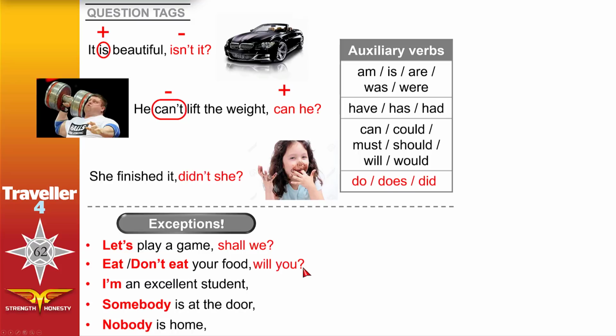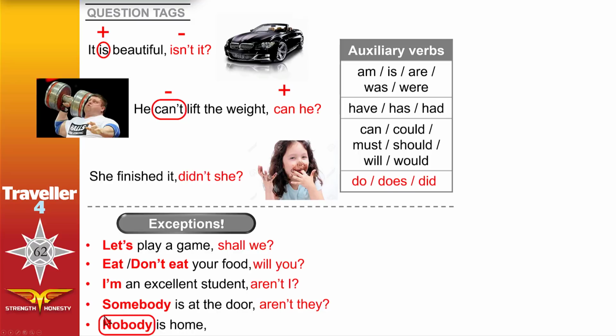Always, will you. Every time you start with I'm or I am an excellent student, you don't say amn't I? No, it's aren't I? Every time you start with somebody, somebody's at the door, you finish with aren't they?